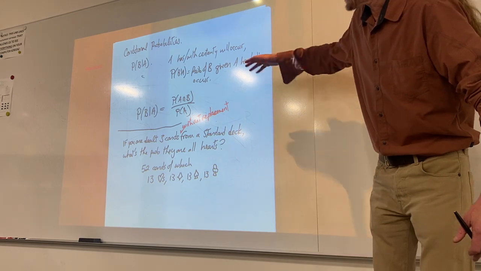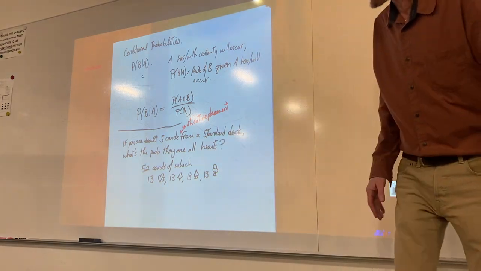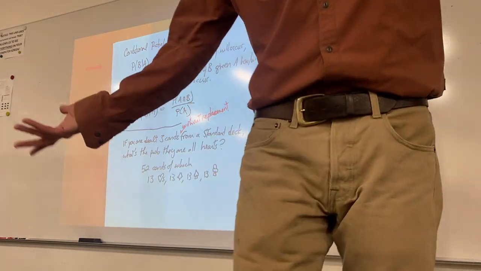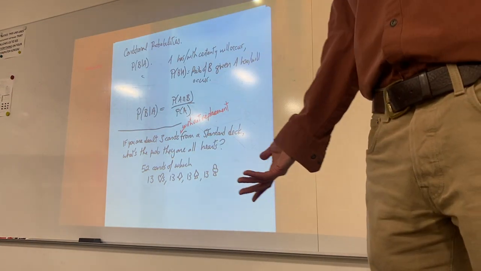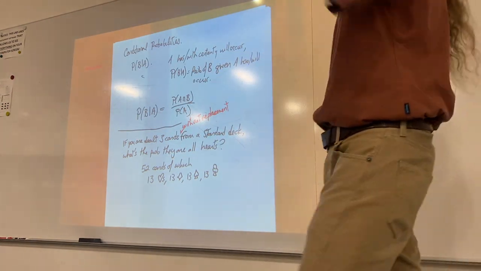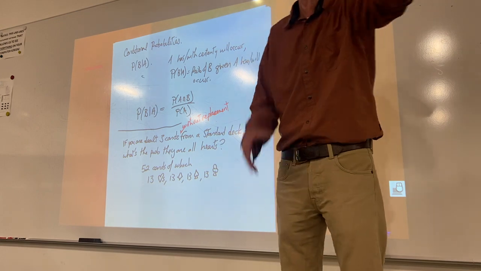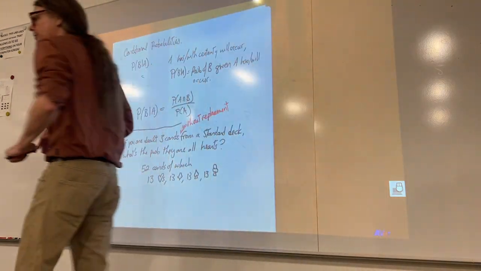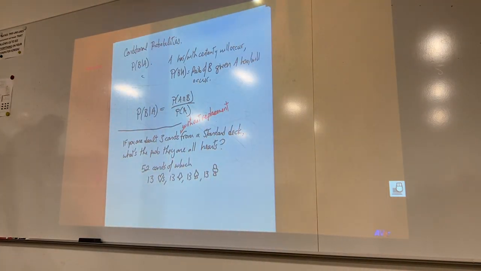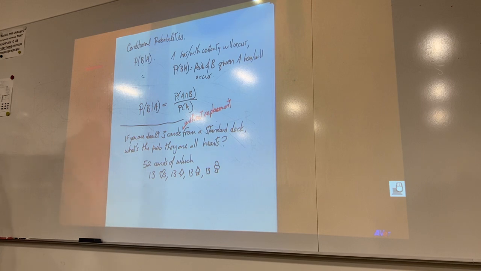Since this question is dealing with hearts, we can classify every card as either a heart or not a heart. So it's not like you've got 52 branches pointing out. But it is without replacement.